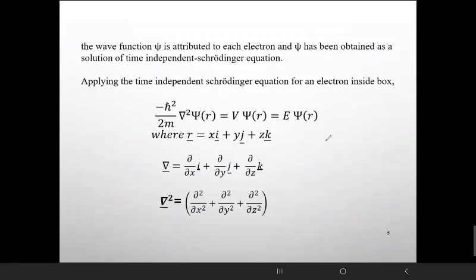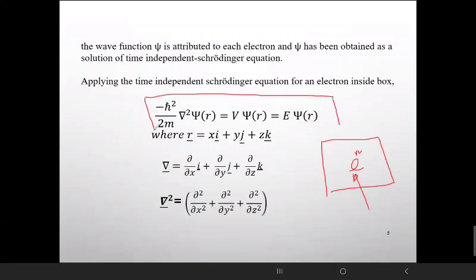The electron is considered as a wave, and the solution of this wave equation can be identified by using the Schrodinger equation. This is the Schrodinger equation.